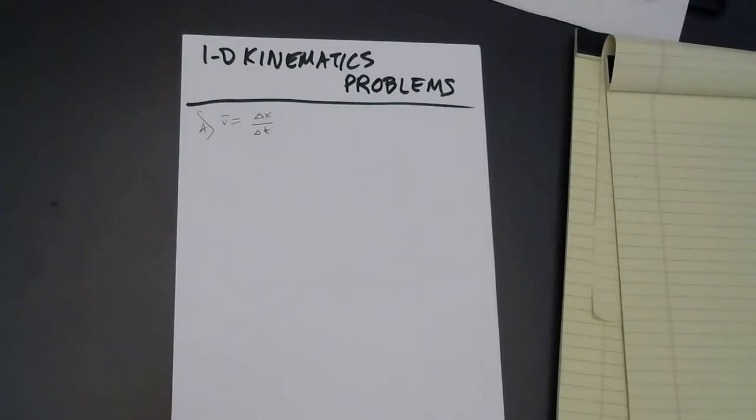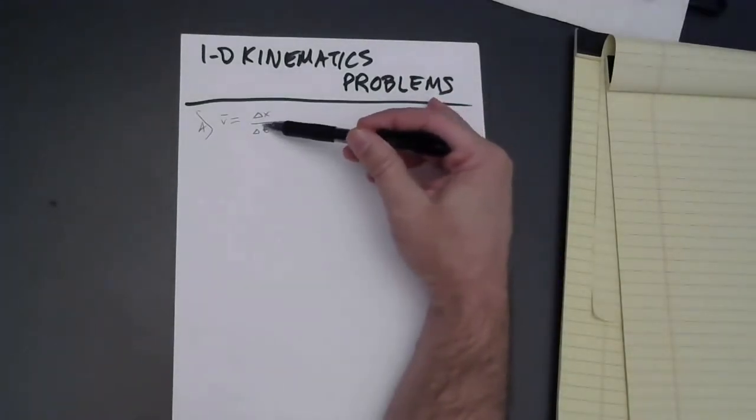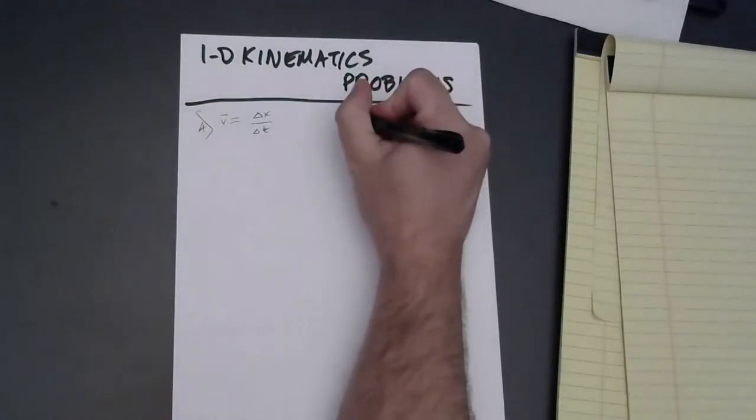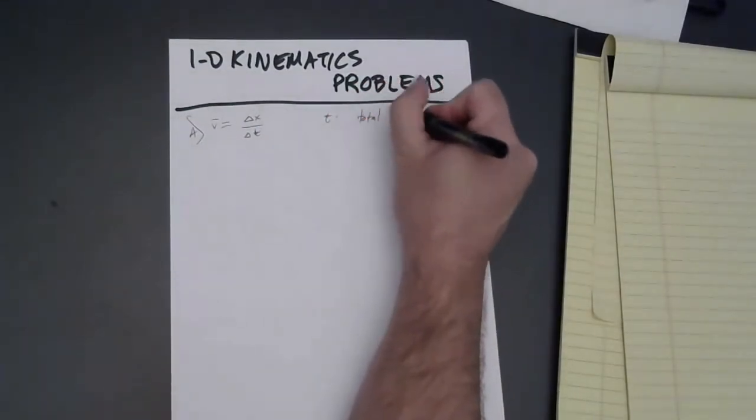And as you're setting up these problems, it really pays off to pick clear notations. So since we're told that she drives half the distance at 40 miles an hour, we're going to need the time it takes. Let's do this. I'll say T with no subscript. That'll be the total time.